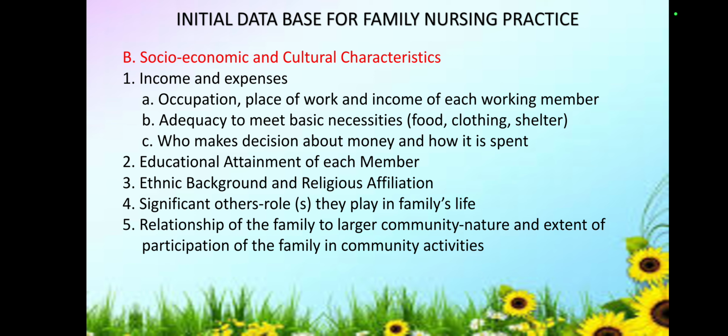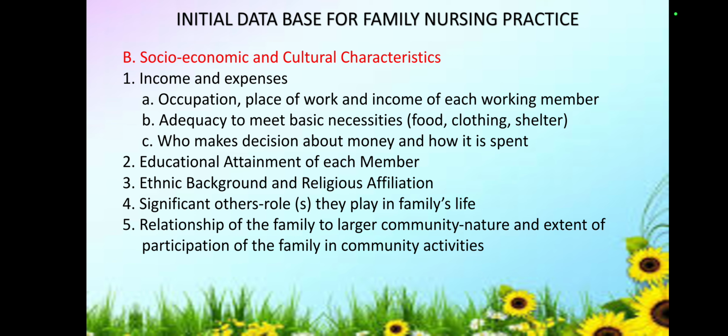Data na kasama po sa initial database natin is the socioeconomic and cultural characteristics. So, kasama dito yung income and expenses, educational attainment ng mga family members, ethnic background and religious affiliation. Kasi pwede talaga na yung isang pamilya na iba-iba yung religion affiliation nila. Merong Christian, Roman Catholic, born again, may Muslim, may Islam, merong Buddhist, depende yan, no?